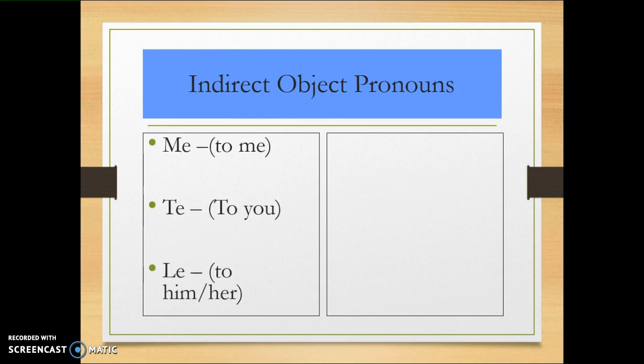Here are your indirect object pronouns. You already know these, and if you didn't ever copy these down or were a little confused by them, make sure you copy them down this go around. Your indirect object pronouns in Español would be me, to me, te, to you, le, to him or her, nos, to us, and les, to them.